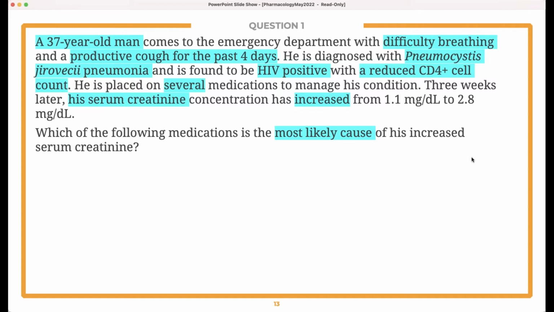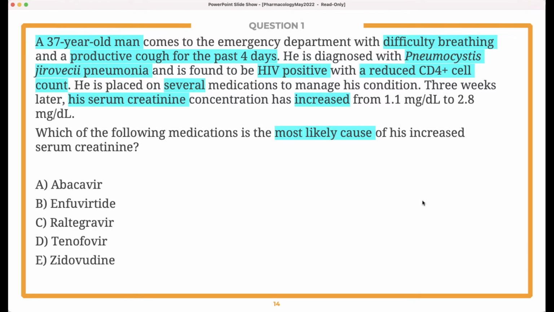He's on several medications, and then all of a sudden we hear that 3 weeks later, his serum creatinine concentration has increased from 1.1 to 2.8. They're asking us which medication is the most likely cause of his increased serum creatinine. So this is pretty straightforward, likely a one-step question. We just have to figure out what drug is causing this. So let's take a look at those answer choices and see if we can get to that answer.